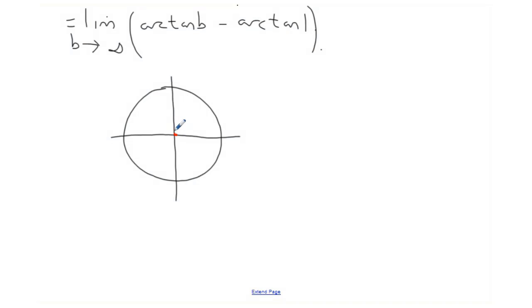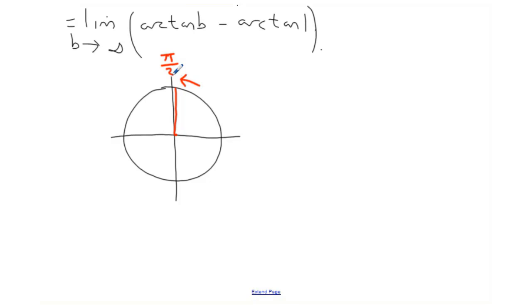So if we are kind of up here and going this way, you can see that the gradient is approaching infinity, so tan of the angle is approaching infinity. The angle itself is approaching pi by 2, 90 degrees. So our first one is pi by 2. Arctan 1, well, you should know that.